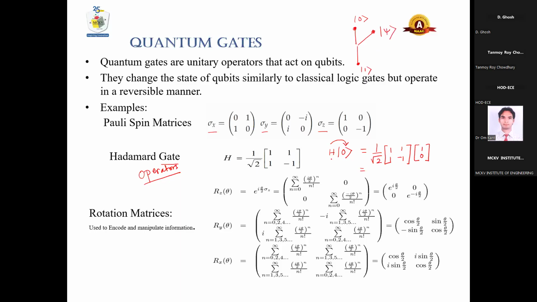If I apply this Hadamard gate on ket 0, I'll be getting 1 over square root of 2 times the vector 1, 1. Do you all agree?